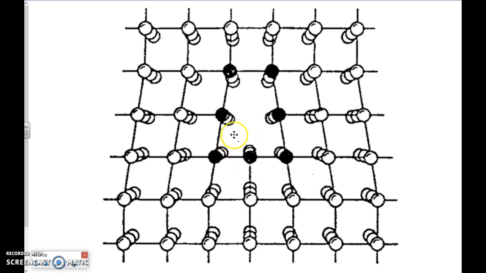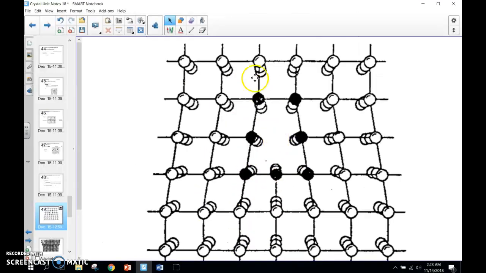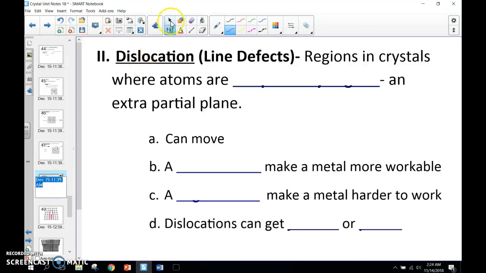It's not just one atom being affected, but these whole lines. This whole area, these two lines, are being affected by this line right here. You can see how it's actually sort of like an extra line. And that's what we have with dislocations.